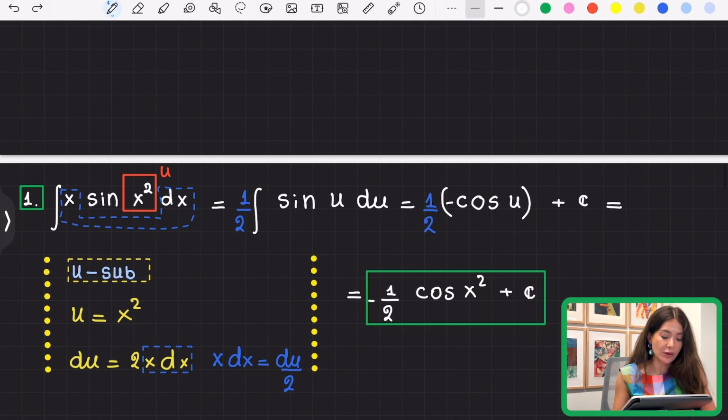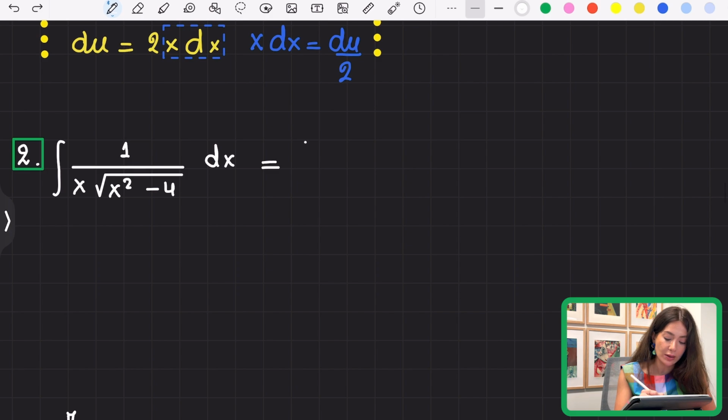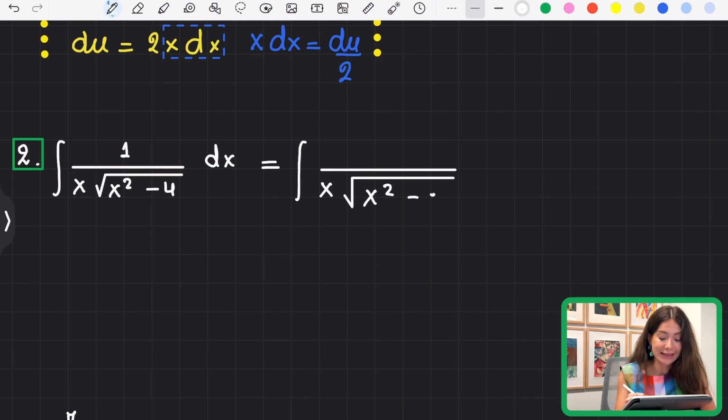All right, now let's solve number 2. Here I'm going to rewrite this, and this is pretty much the basic rule. I just need to tweak it a little bit and rewrite it just once so that it looks exactly like the basic rule.